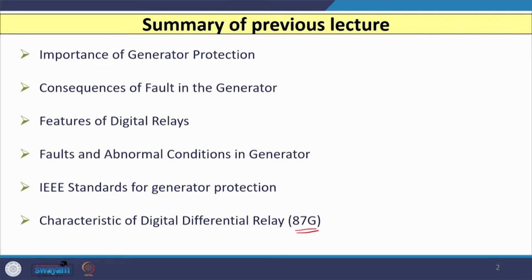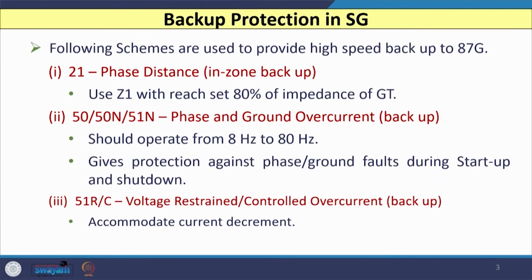We have also discussed the significance of pickup, slope 1, slope 2, and that in most of the cases we use the differential characteristic which is plotted based on the restraining current and the operating current. Now, in this class let us discuss what happens if my conventional 87G or differential relay fails to operate due to some reasons.